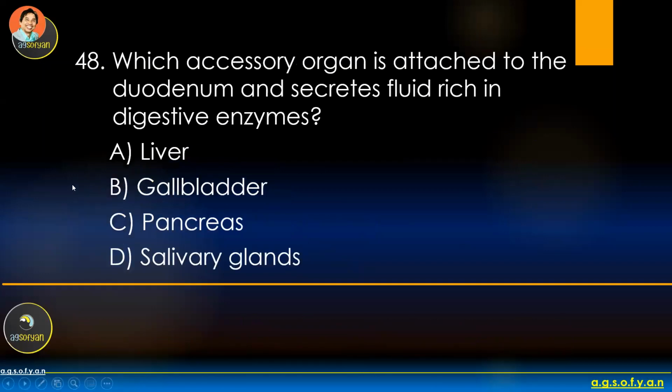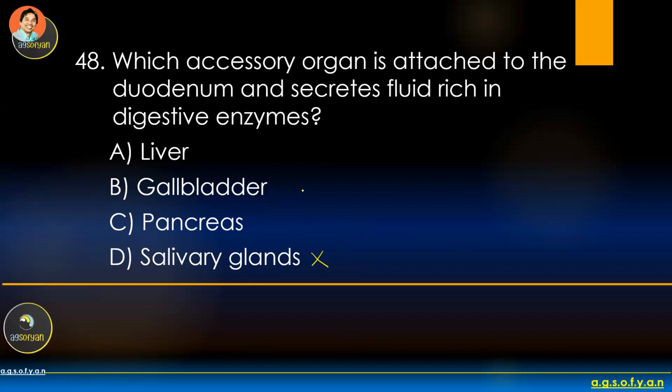Which accessory organ is attached to the duodenum and secrete fluid rich in digestive enzyme? Liver, gallbladder, pancreas, or salivary gland? Of course, salivary gland is not the answer because it is located in the mouth. Okay, maybe liver, gallbladder, pancreas.